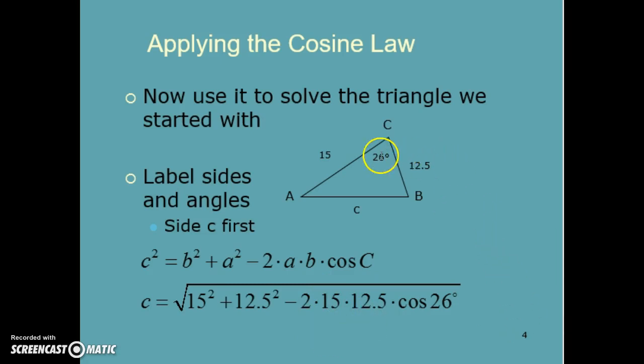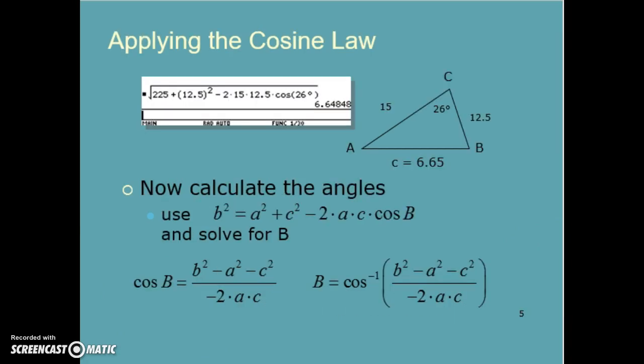And so we know the angle measure for C, again, in degree mode, and that will allow us to find the side length of C, the side opposite angle C. So we could plug all of this into our calculator, and we would just have the measure of whatever that is. If we plug that into our calculator, we get 6.64, or that would round to 6.7 for the side length.